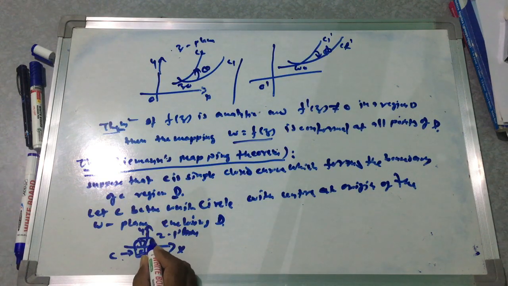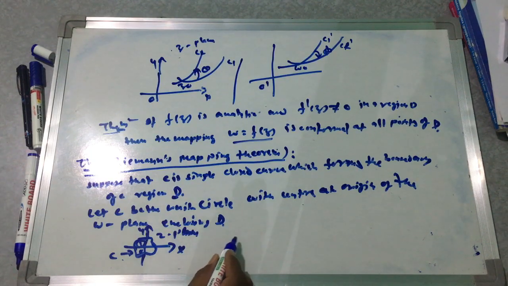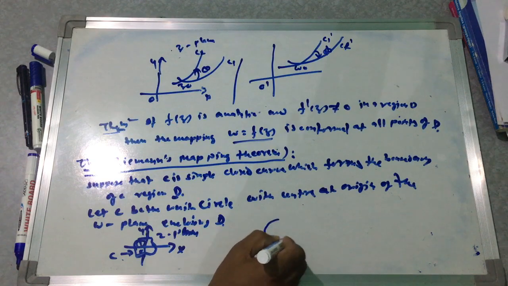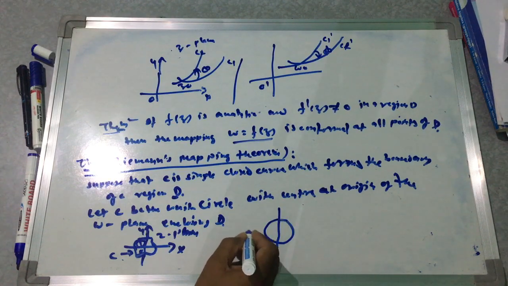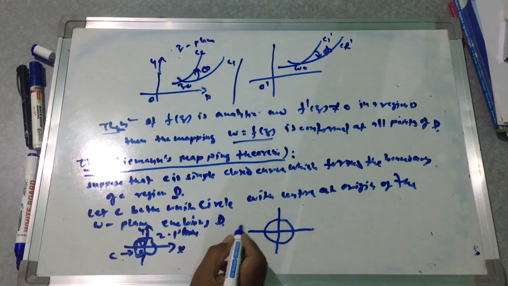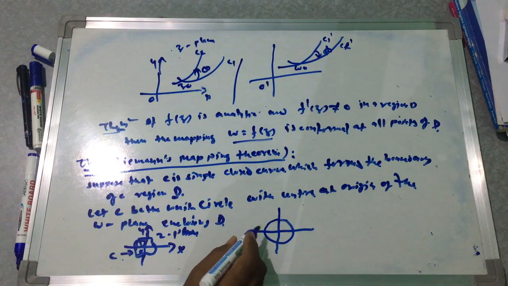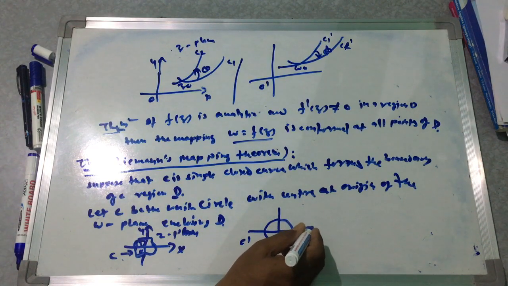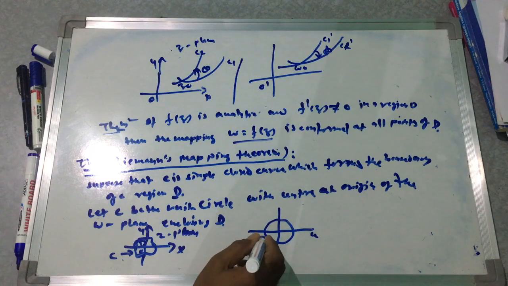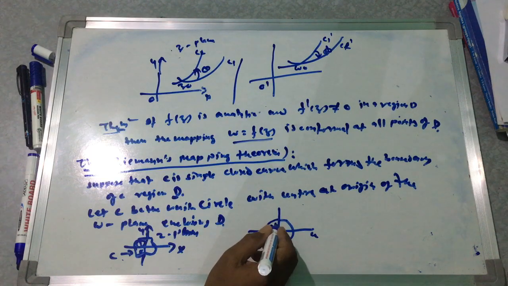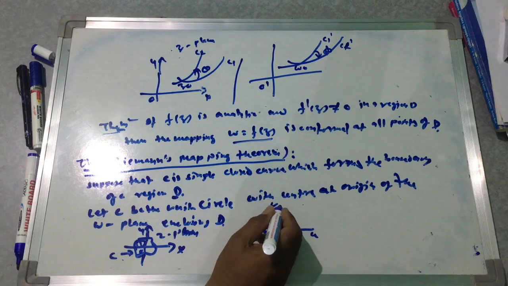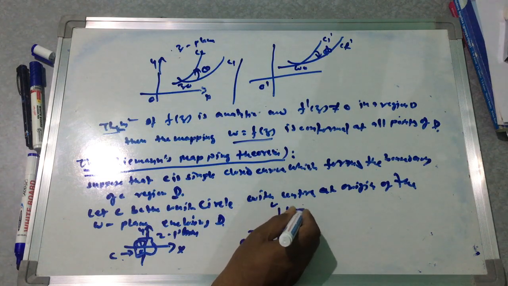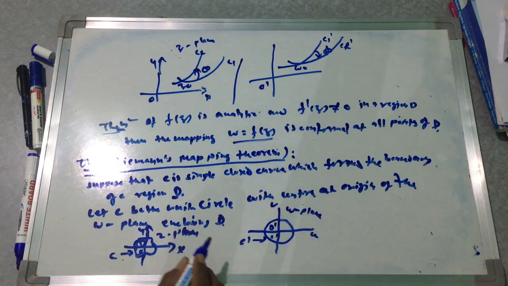Yes, this is in the Z plane. Again in one figure, this is C dash, this is U, this is O dash, this is D dash, this is V, this is the W plane.